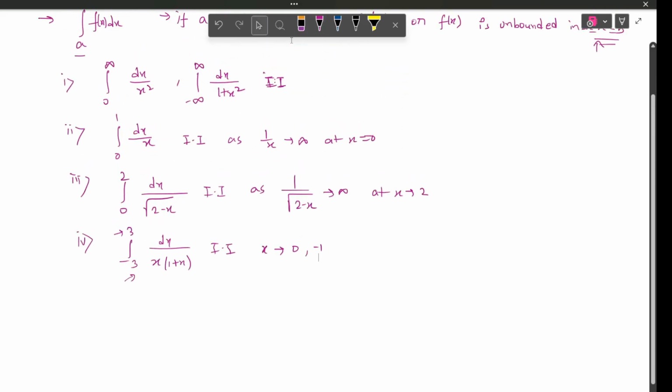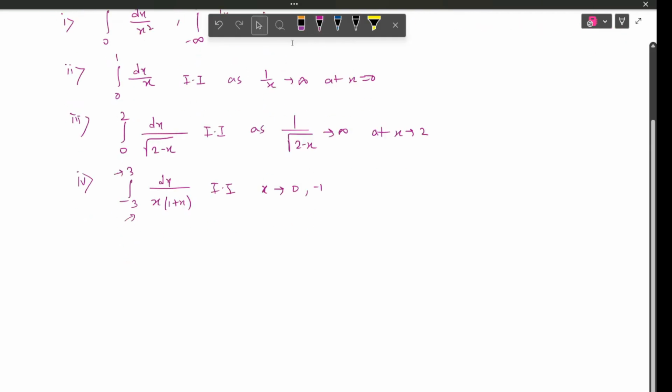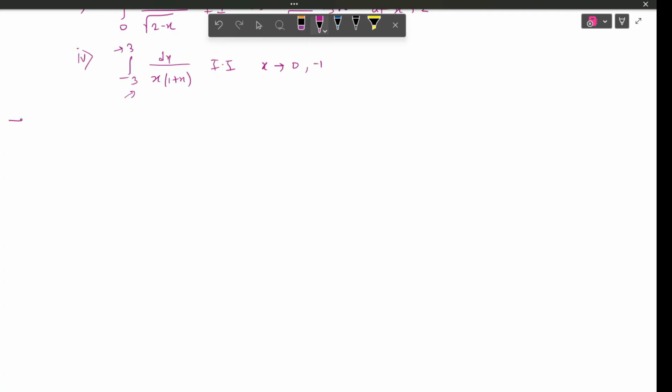Okay. Now from these examples we can say that there are two types of improper integrals. The first example is type 1 of improper integral, which is of the form integration minus infinity to infinity f(x) dx.